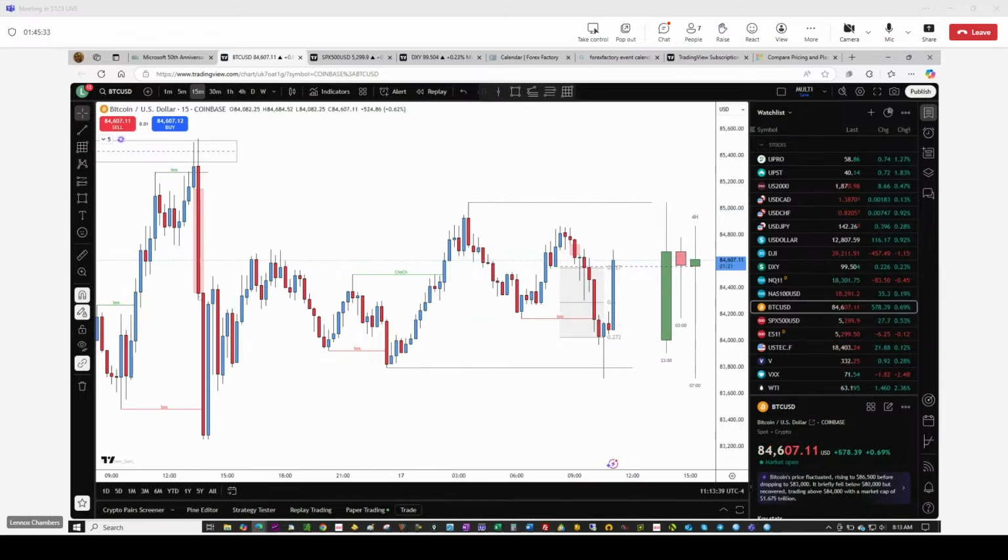But I was looking for the play to turn back down to sweep the lows there to your left. Yes, and then I didn't get back in because sometimes it's because they went so high. I probably started to wonder if they are going to take out the highs one more time.